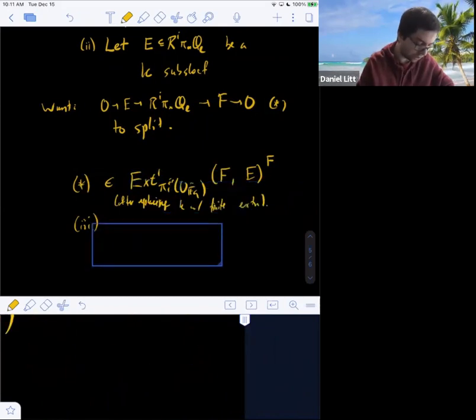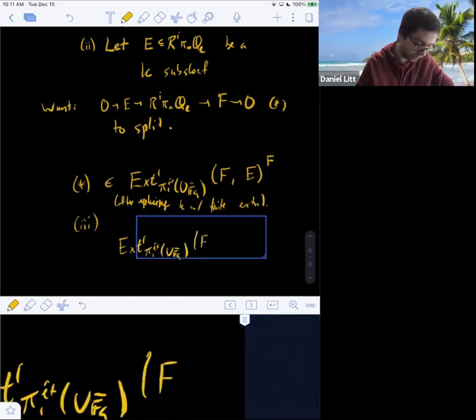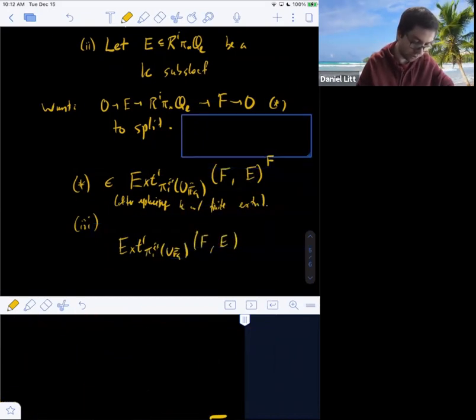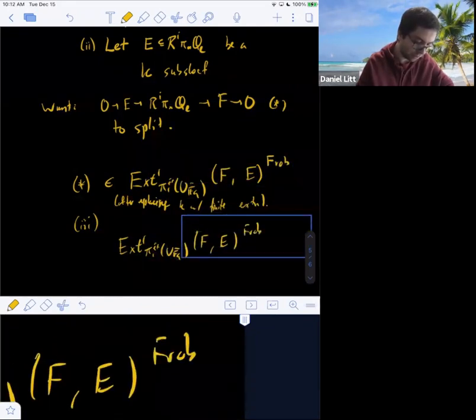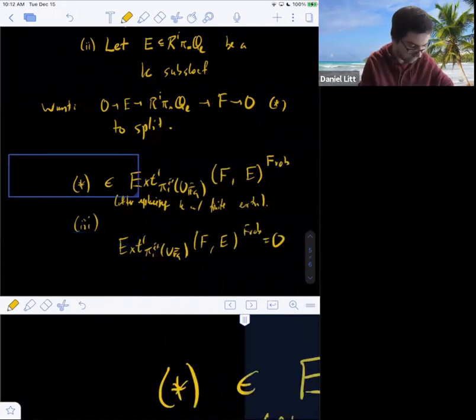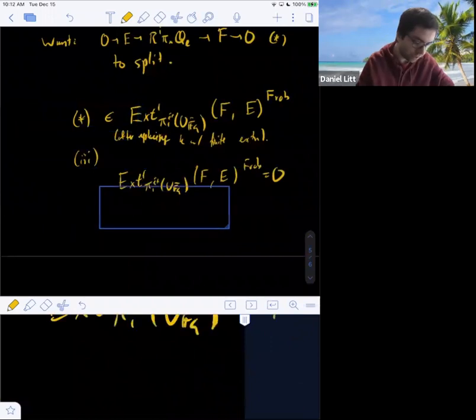So our goal now is to show that X1 pi 1 étale U F_q bar, E F E. Oh no, there's two Fs. This is Frobenius fixed is 0. So in other words, there's no Frobenius equivariant extensions like this. Well, what is this group?